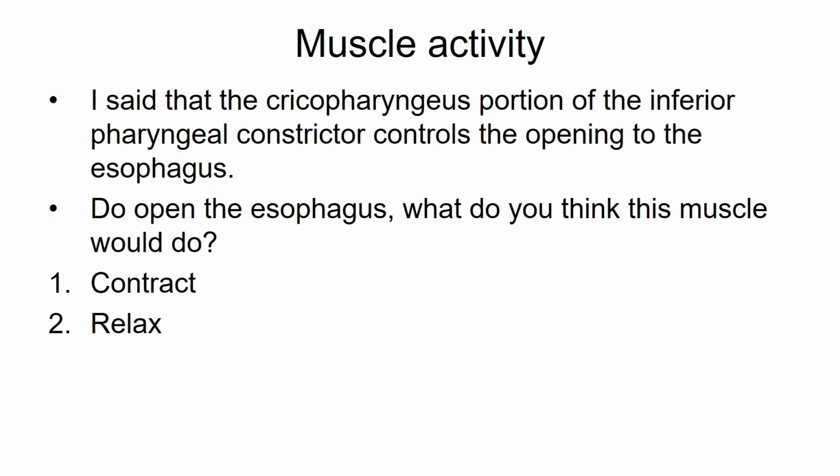In discussing the inferior pharyngeal constrictor, I mentioned that the cricopharyngeus controls the opening to the esophagus. That upper esophageal sphincter is an important component of our digestive system, which we study in terms of chewing and swallowing in this class.